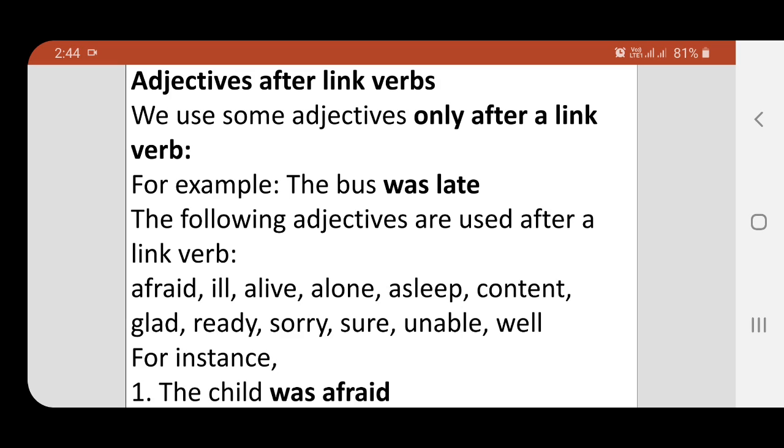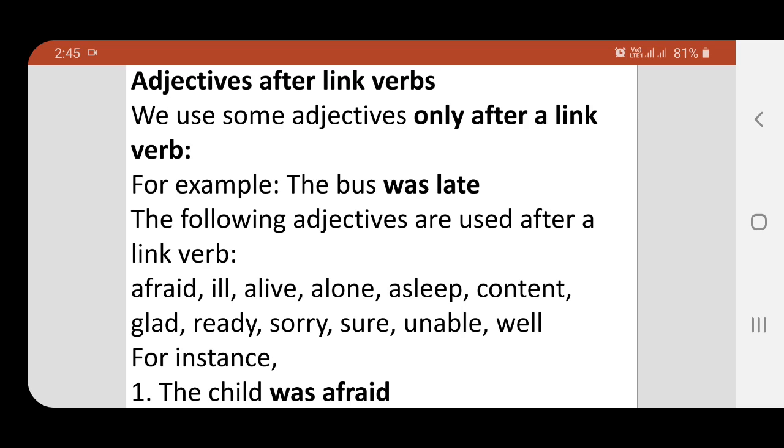Afraid, ill, alive, alone, asleep, content, glad, ready, sorry, sure, unable, well. So these are some of the adjectives which are supposed to be used after a link verb.